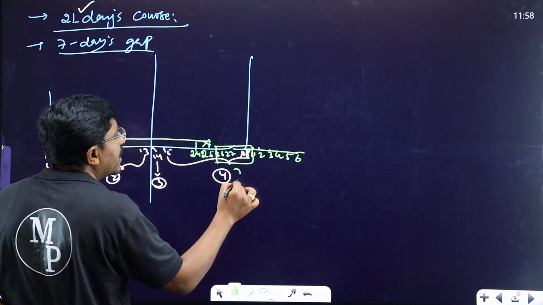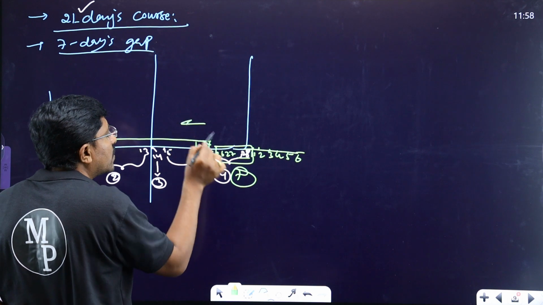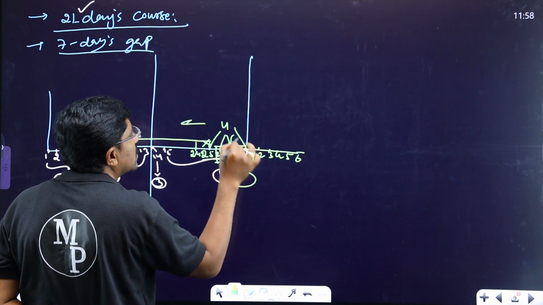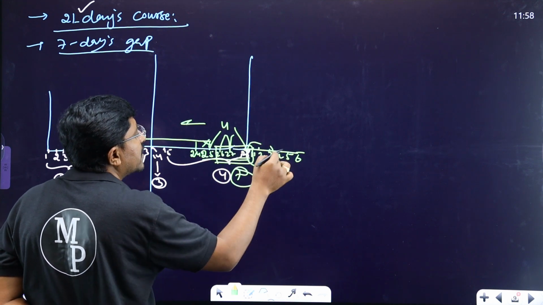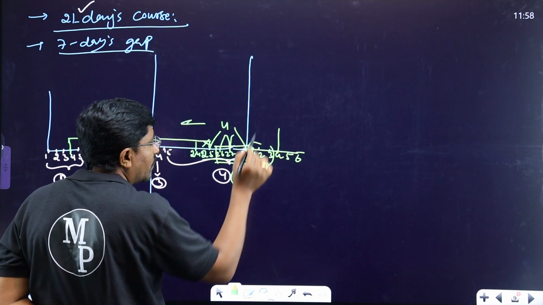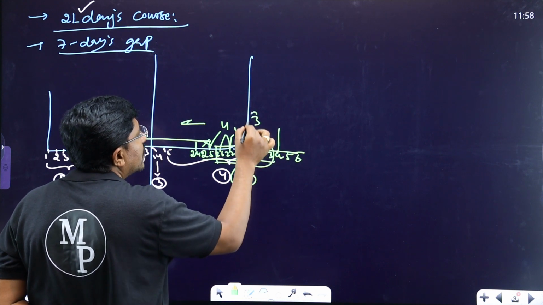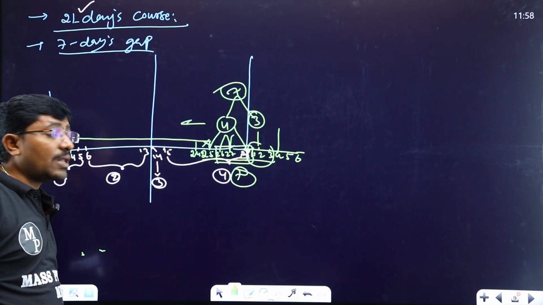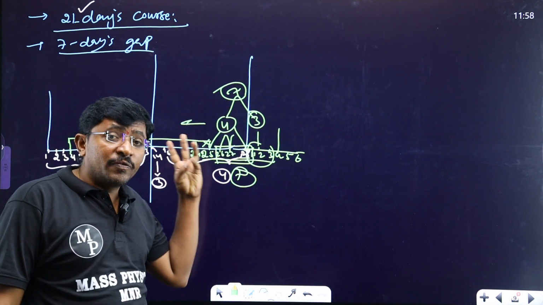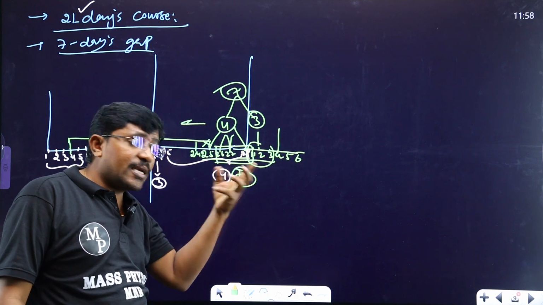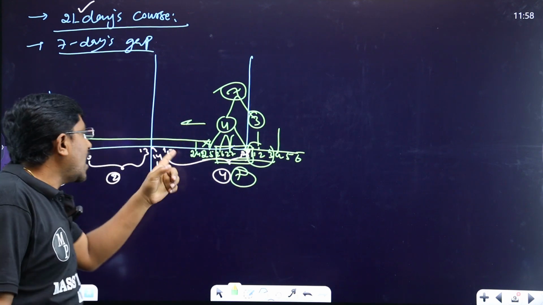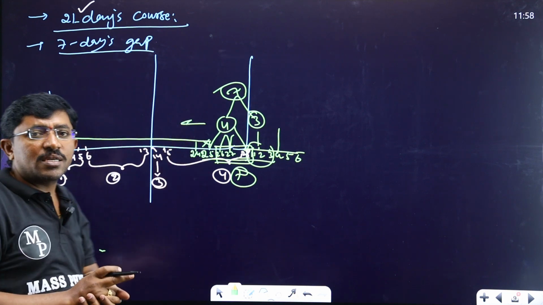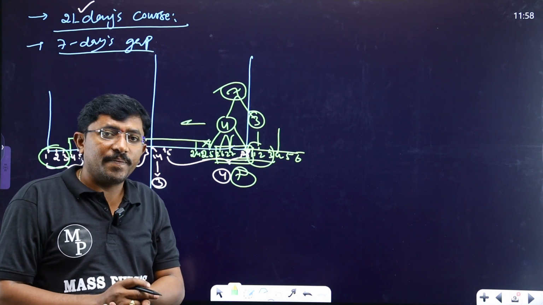In this menstrual cycle there are 4 days, and in the next menstrual cycle, if we start at the 4th day, there are 3 days. So 3 plus 4, total 7 days gap. The end of the menstrual cycle has 4 days, and the beginning of the next menstrual cycle has 3 days. It means in the first 3 days of this menstrual cycle there is also no usage of the pills.